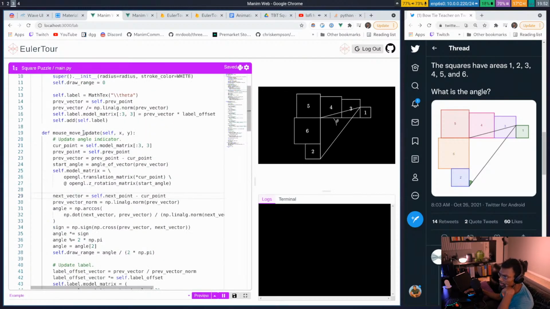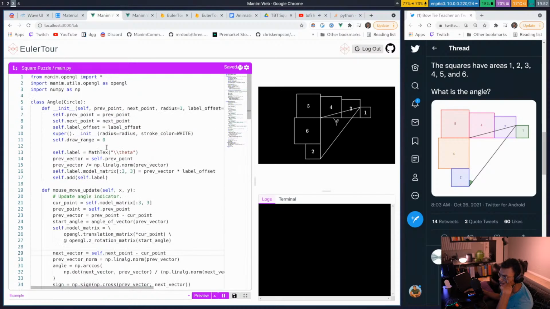So now it's like, how should this update? What is the compute pre-vector here? Pre-vector times the label offset? Oh, just to move the... wait, what?